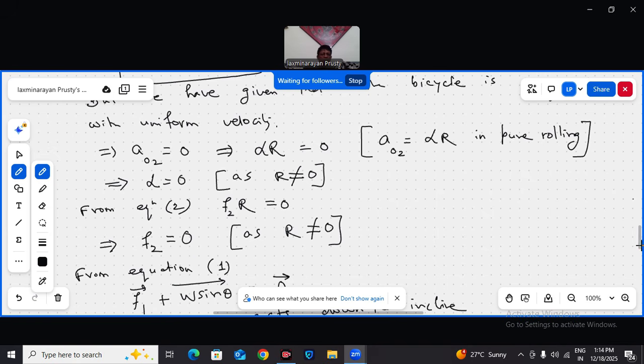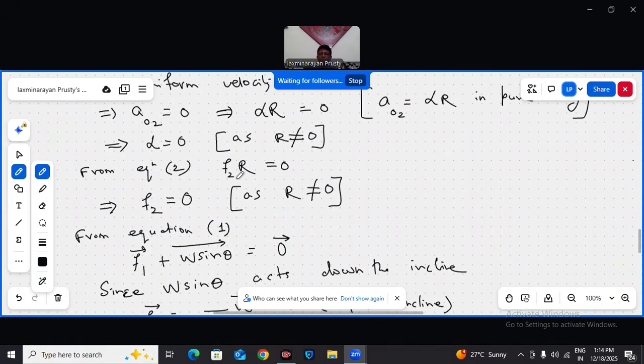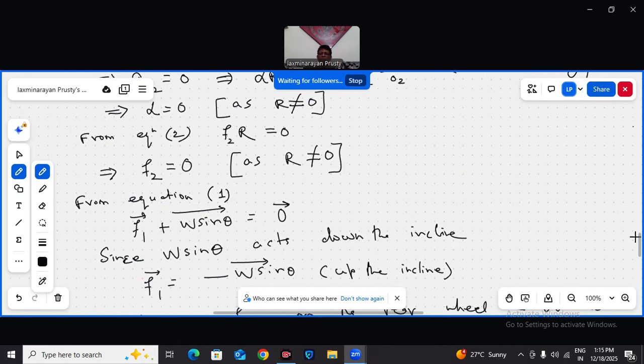Then from equation 2, if alpha is 0, then F2R also will be 0. But R is not 0, so F2 must be 0. Very simple observation. So the friction force on the front wheel turns out to be 0. Surprising, but true. This is valid only when the bicycle is going up with uniform velocity.